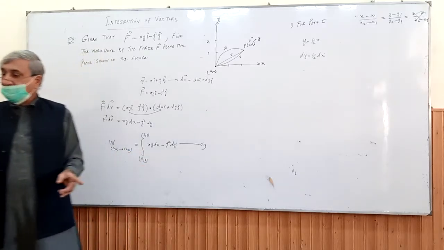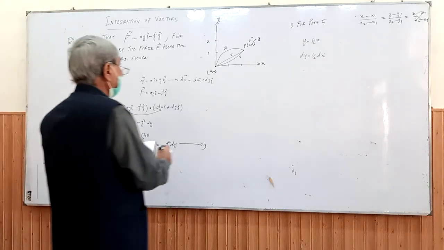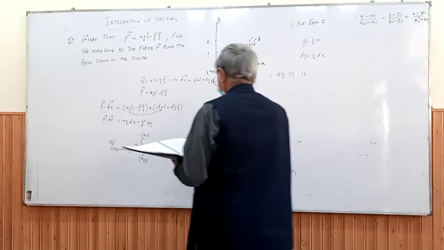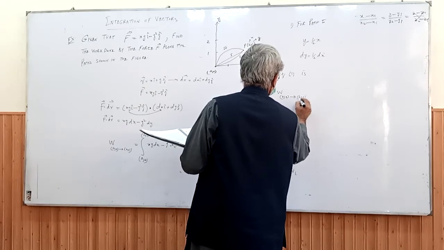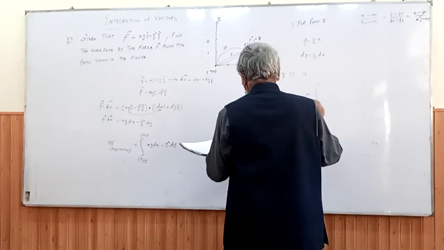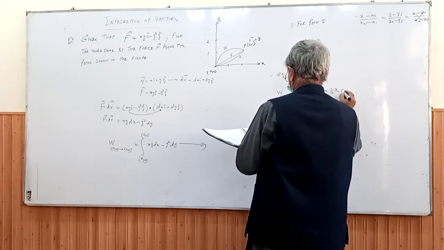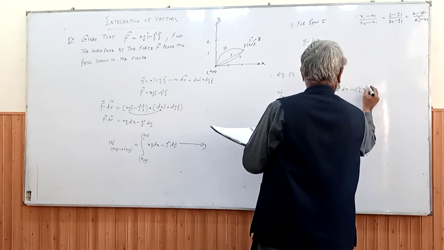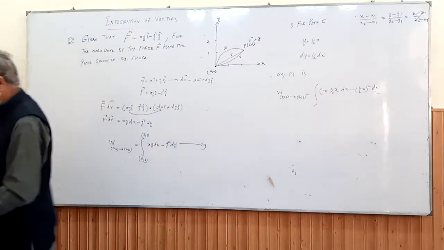Now let's come to this integral. It will take the following form. Equation 1 is, therefore, W from (0, 0) to (2, 1) is equal to, you see, I am not putting the limits yet. Now see how I got it.